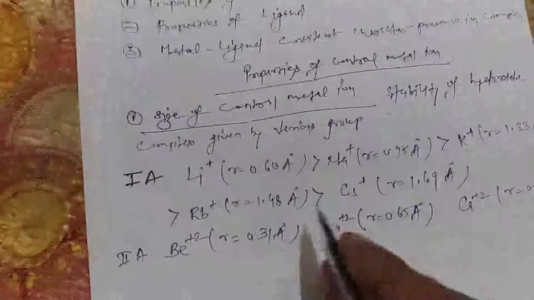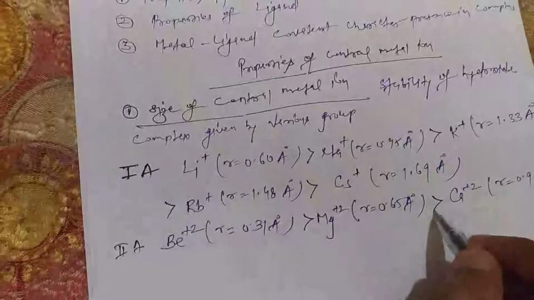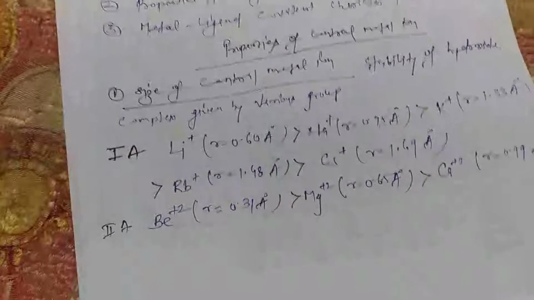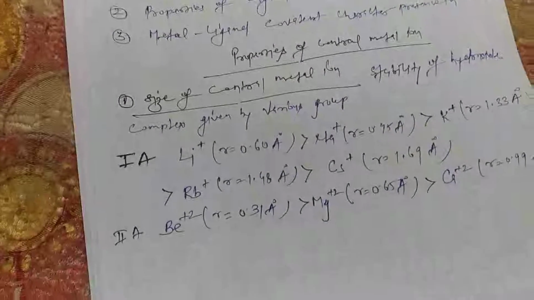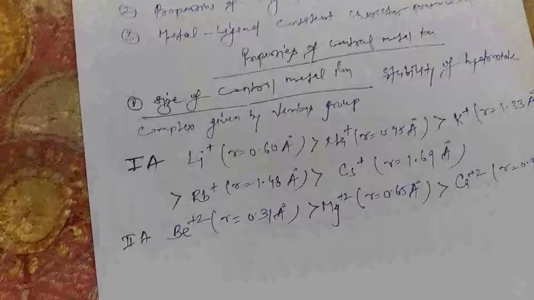So the trend of the stability order will be like this. That means beryllium +2 forms a more stable complex because of its smaller size. Let's take an example for +3 charge elements.